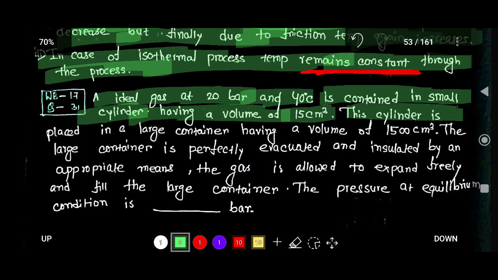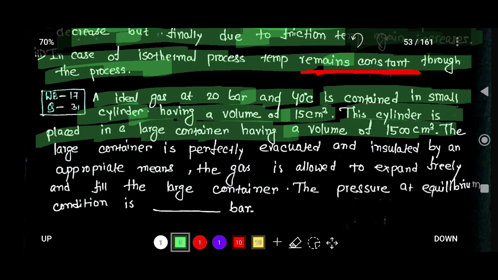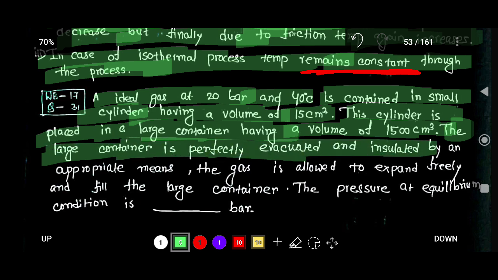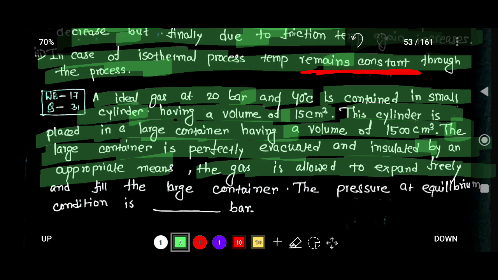This cylinder is placed in a large container having a volume of 1500 cm³. The large container is perfectly evacuated and insulated by an appropriate means. The gas is allowed to expand freely and fill the large container.